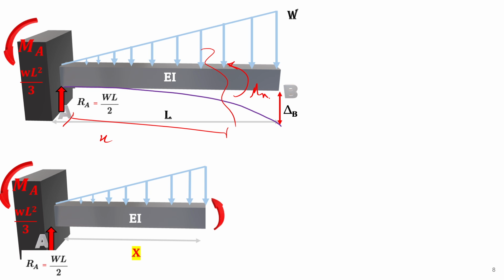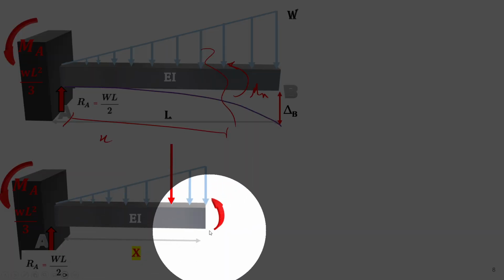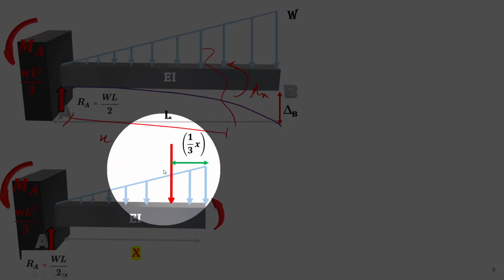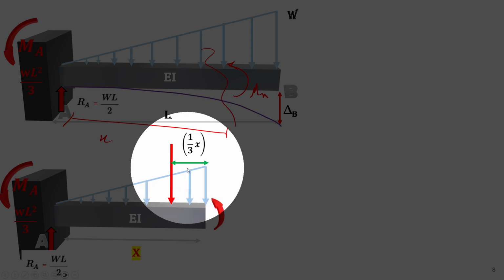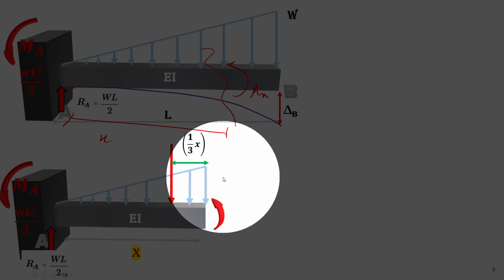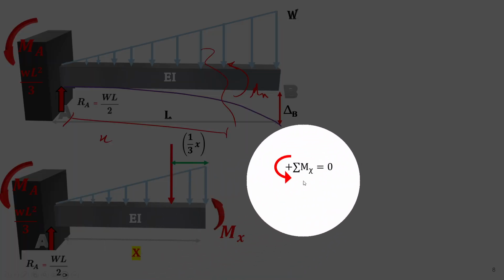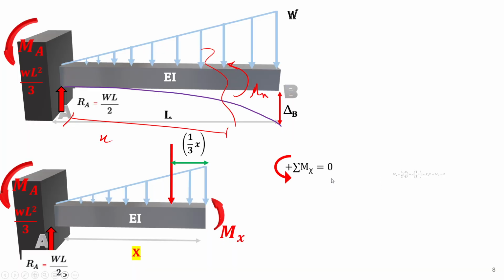If we cut our beam at the length of x, the moment is created by the resultant force located at 1/3 of that distance x from the base of the loading. Then let's develop the moment equation at x, where the summation of moment at x goes to 0.